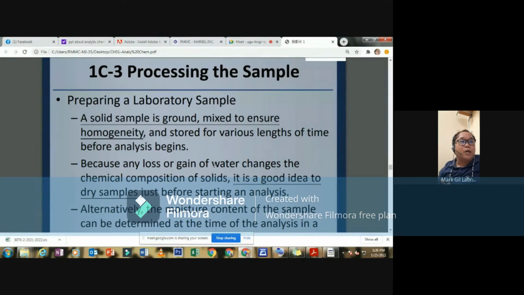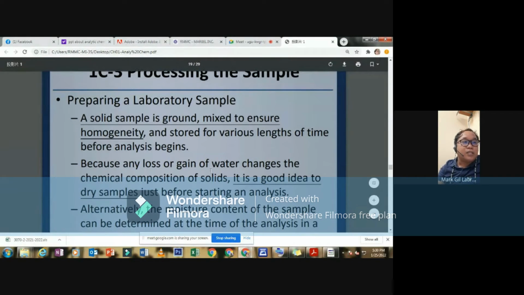When it is a solid, the solid sample is ground, then mixed to ensure its homogeneity. Halimbawa kung ito mga color red, yung mga ganon is separate na, and stored for various lengths of time before analysis begins. So tama din dapat yung ating pagka-store sa mga sample.